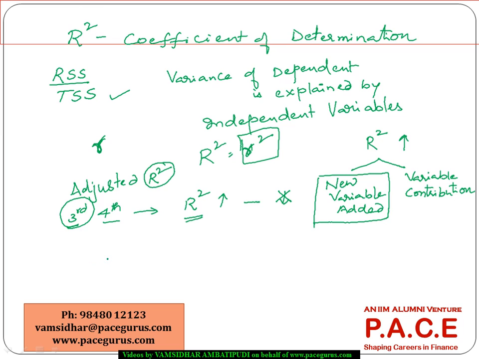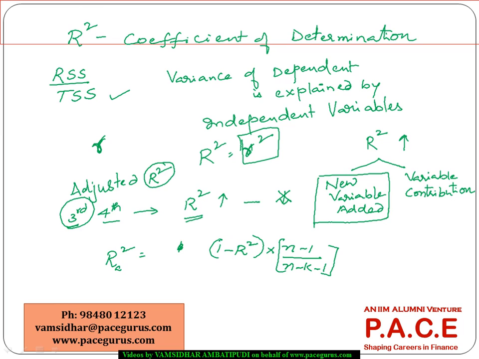So for that they have come out with a simple formula. Adjusted r squared will come out as: you take 1 minus r squared, whichever is the unexplained portion of the variance. That unexplained portion you multiply by n minus 1 divided by n minus k minus 1, meaning adjusting it for the number of independent variables.